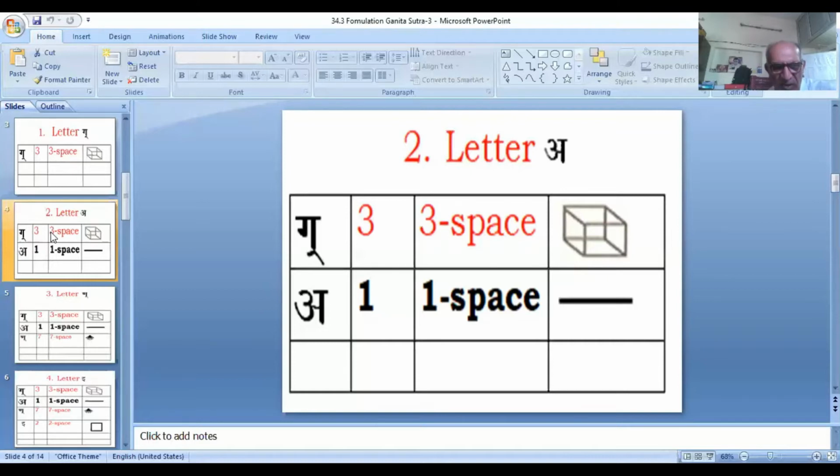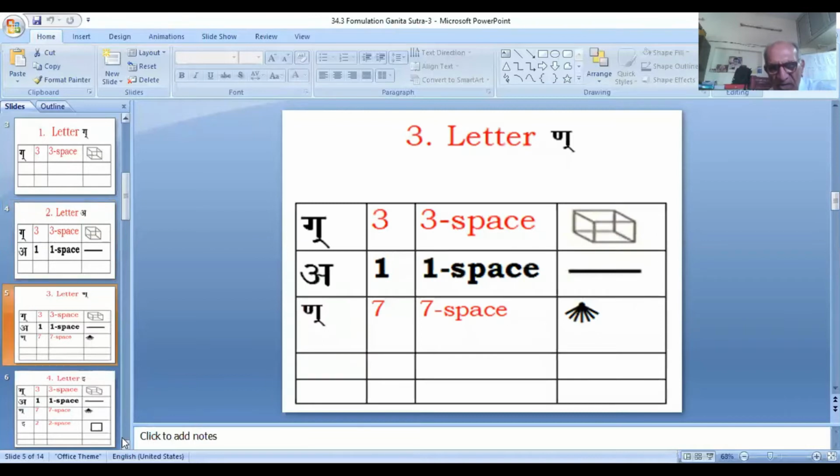Therefore, the Vedic mathematical domain of geometric format of Formulation Ganita Sutra of its first pair of phases, first pair of steps is in the form of coordination, interrelationship of 3 space as domain and 1 space as a dimension.